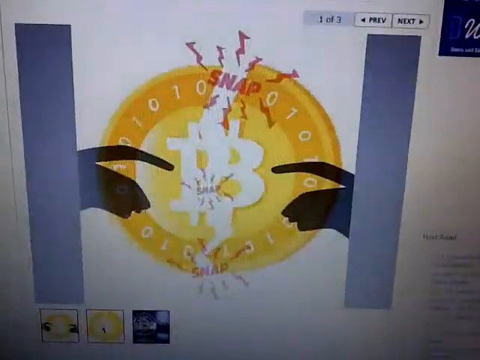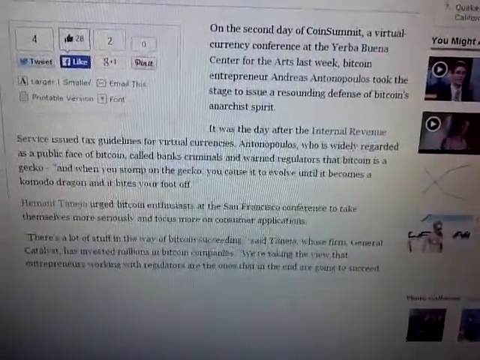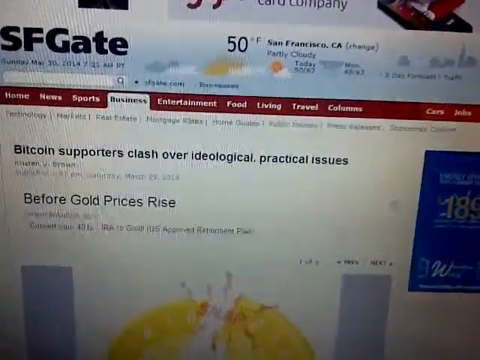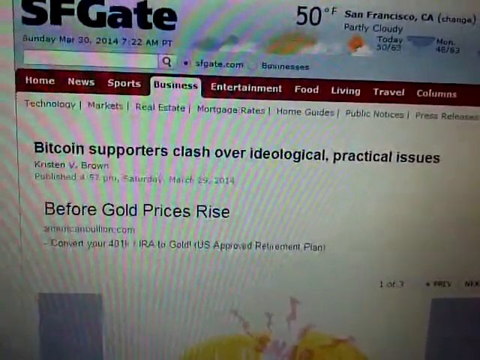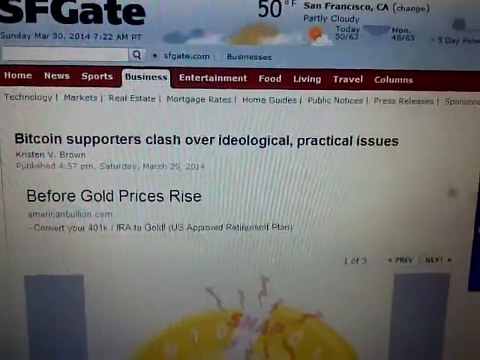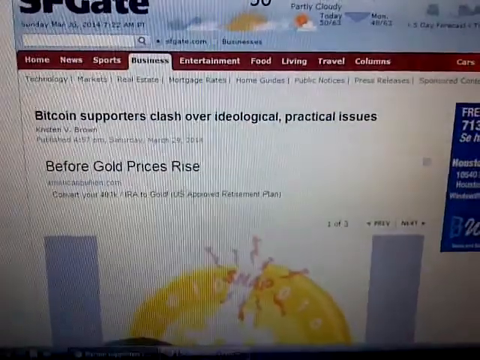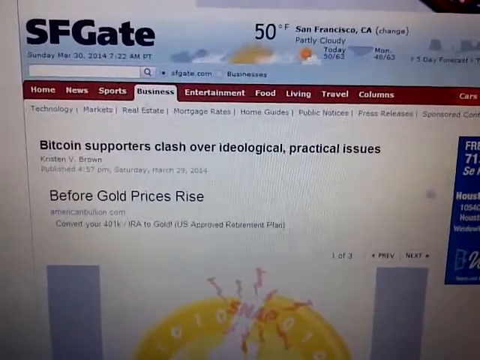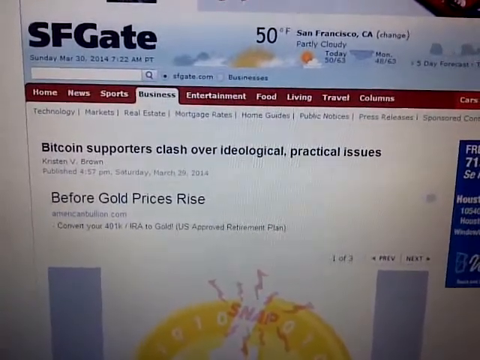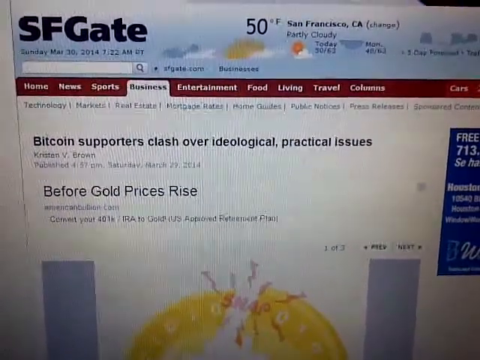And I think this is very interesting because what you're seeing here, and here's the article if anybody wants to read it, and there's the author, and that's the date. It's very interesting to see this because you're starting to see how independent Bitcoin has become.